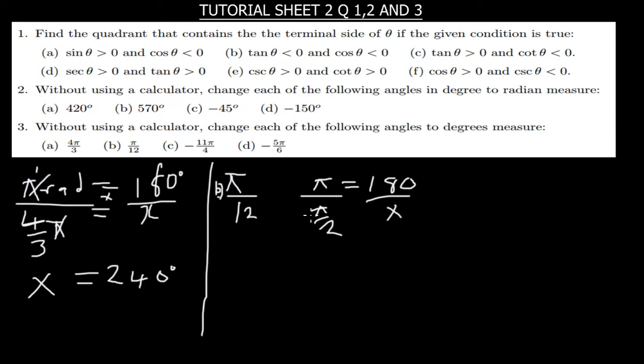You don't know what pi over 12 is in degrees, so this is x degrees. So this pi and that pi cancel. You cross multiply, x times 1, you get your x this side, which is equal to 1 over 12 times 180. It's just the same as 180 divided by 12, which will give you 15 degrees. So this is 15 in degrees measure.